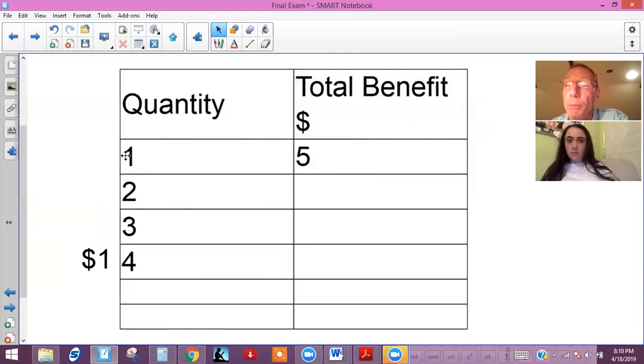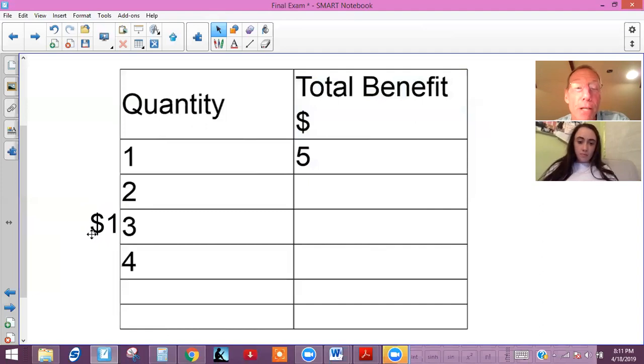That's what consumer surplus is. No, I'm sorry, I said that wrong. $6, because if the benefit is 5, and you paid 1, then you're saying I would have paid 6. But whatever, you don't have to really think about that. Just know what the total benefit is, and remember, the marginal cost is the same because apples are the same price.